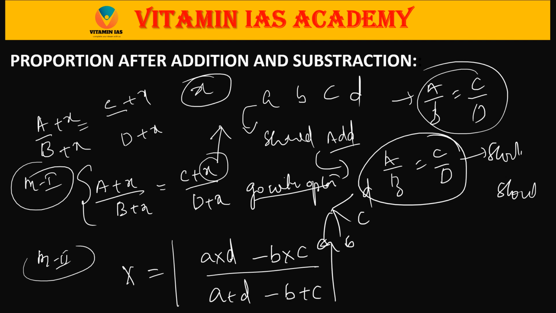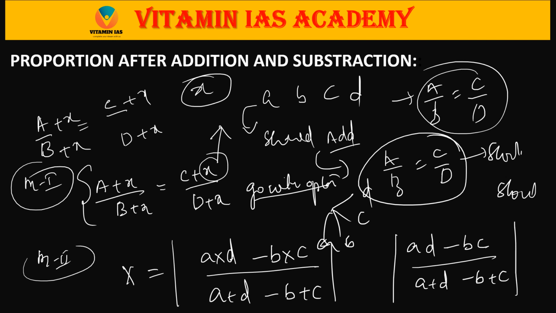Modulus means that even if a minus sign comes, it will be taken as plus only. This is called modulus. And X is equal to A into D minus B into C by A plus D minus B plus C. This is the X value.